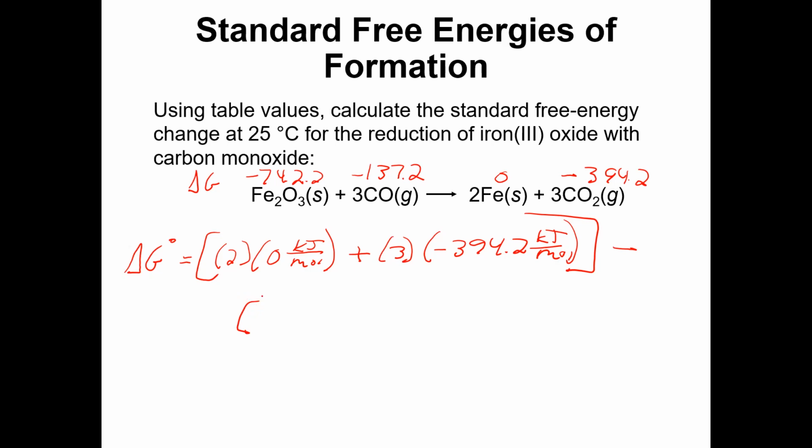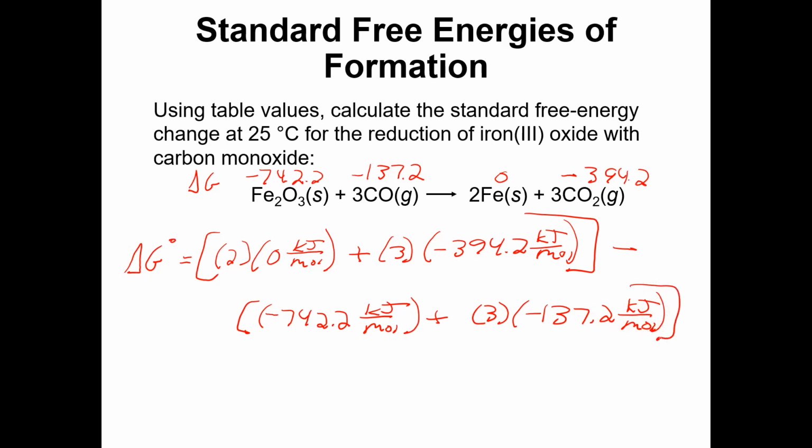We only have 1 mole of iron 3 oxide here, and it has a delta G of negative 742.2 kilojoules per mole, plus 3 moles of carbon monoxide, and that has a delta G of negative 137.2 kilojoules per mole.